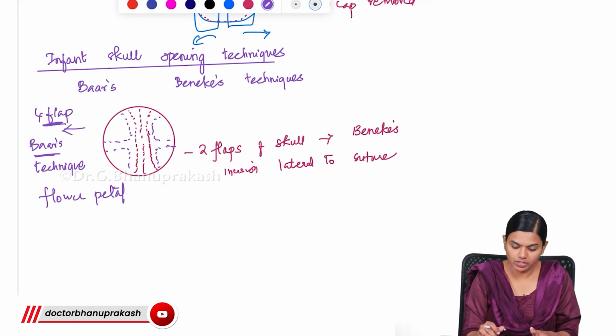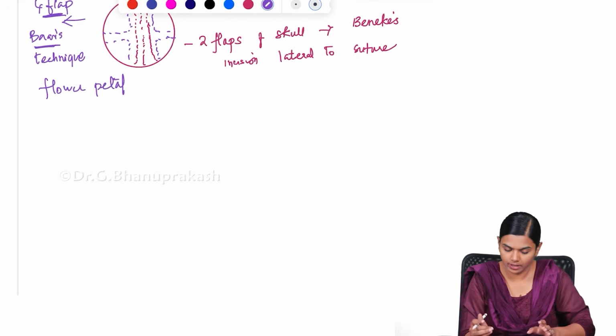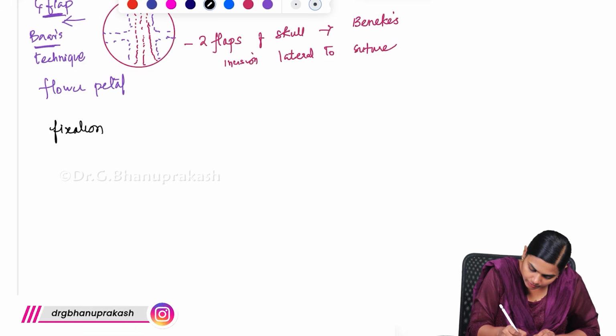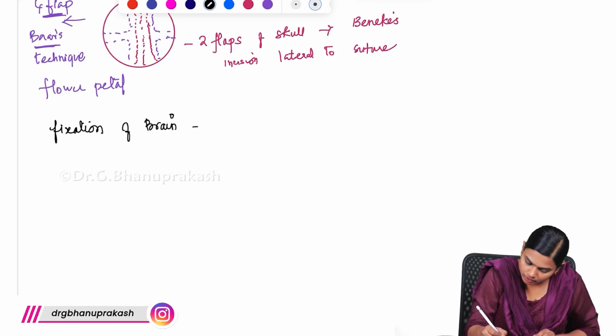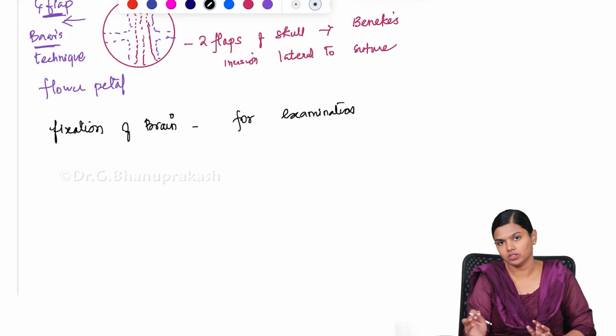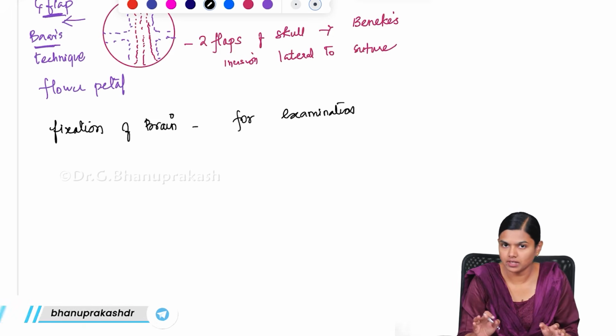Afterwards, one important thing that we have to know in this brain dissection is that there is something known as fixation of the brain. The brain will become very soft after death. When you get the dead body, usually some time must have passed after the death.